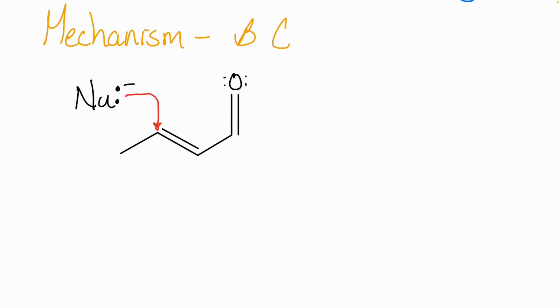Am I allowed to stop there? No, that carbon's got too many bonds now. So what's going to happen is this pair of electrons is going to be kicked over to this carbon. And am I allowed to stop there? No, same problem. So now we got to move this pair of electrons up onto that oxygen.